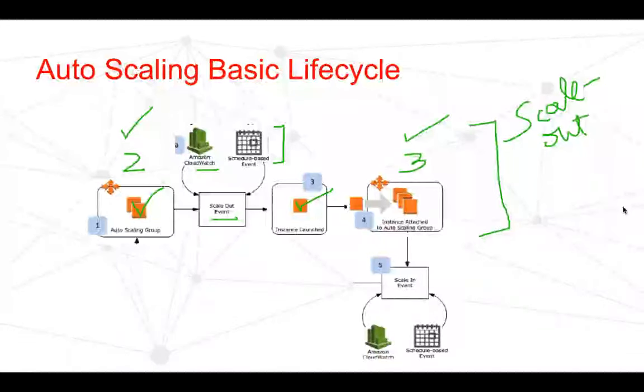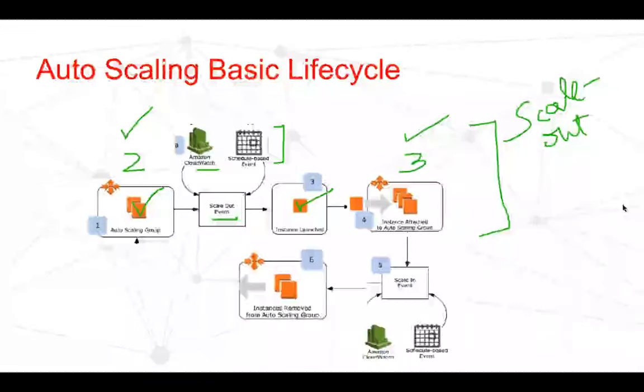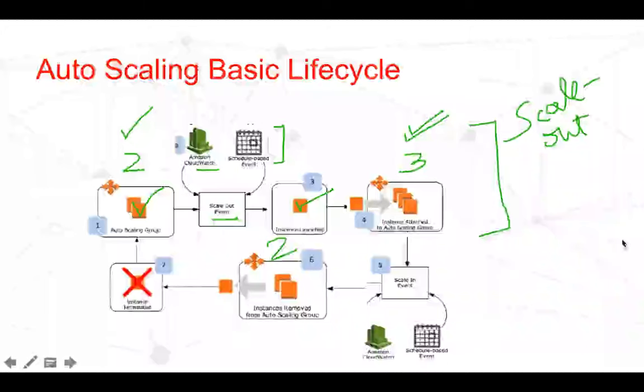That can be triggered by the CloudWatch or by the schedule-based event. As soon as it is done, your extra instance is removed. So previously you had 2, then you had 3, now you're back to 2. The extra instance is removed, and that instance is terminated. So you're back to normal.